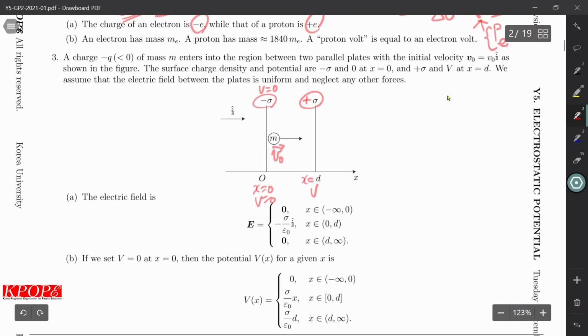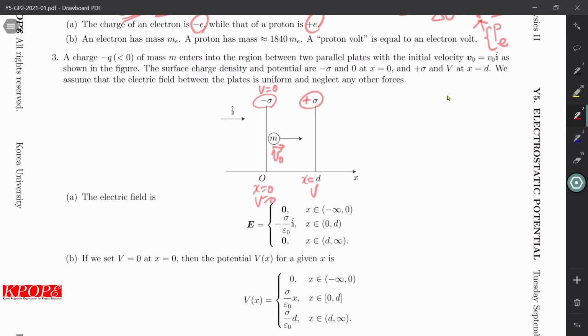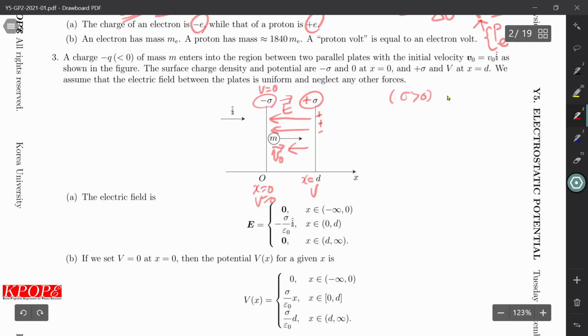Electric field, two charged plates. We assume that sigma is positive, then the electric field is along this direction. This is E, with a plus charge and a minus charge. So we have the field between the plates, and outside is 0.